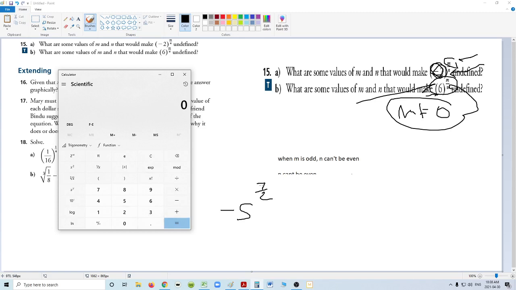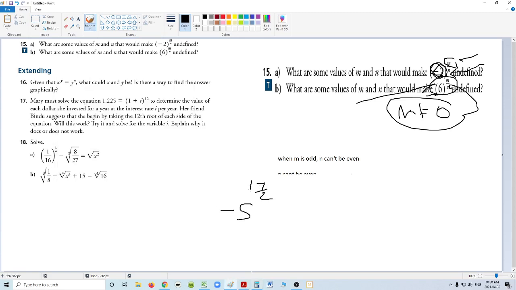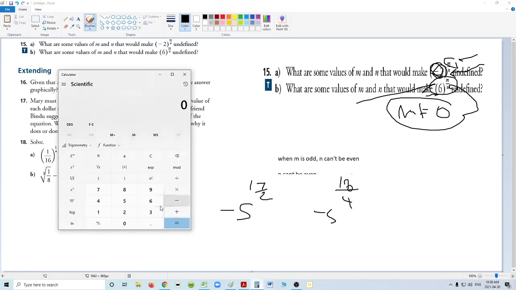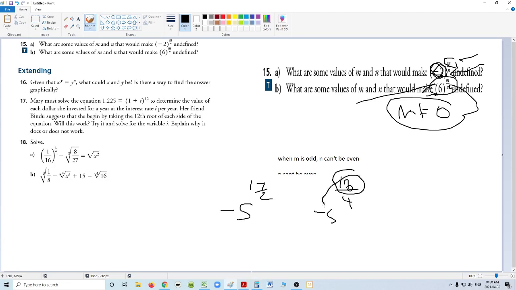The question is, if I make it an even number, like, see, the problem is this 2. Let's make it 4. So it's still not supposed to work, right? And we'll make this 18. The reason I'm questioning it is this 18 has the potential of making that positive.